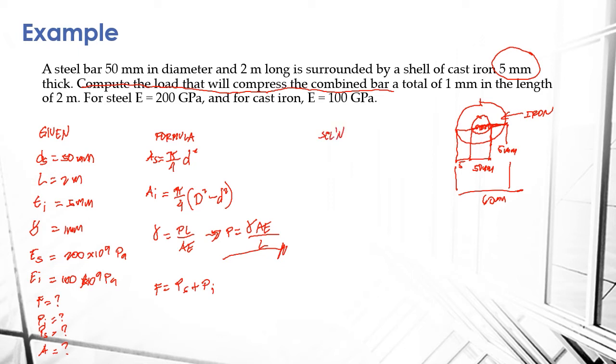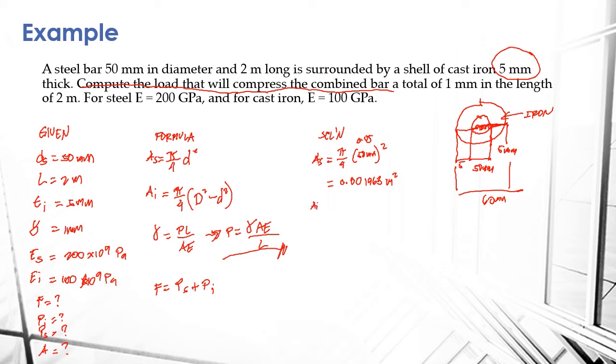Right. So, first we get the areas. Area of the steel is equal to pi over 4, with the small D being 50 mm squared. So, the answer is 0.001963 square meter. Converting to meters, it is 0.05. Next, we look for the area of the iron.